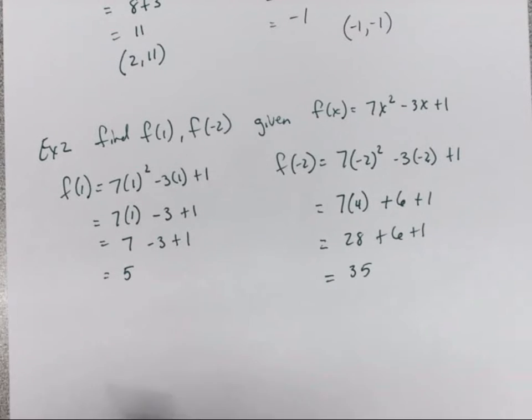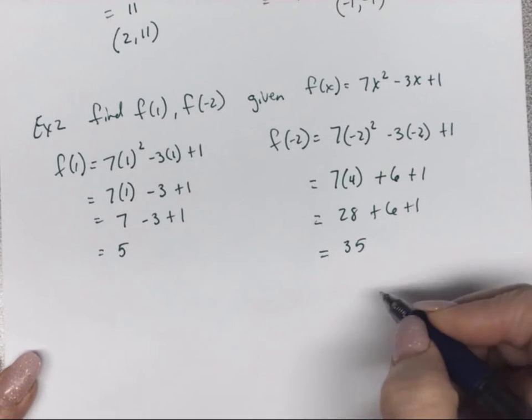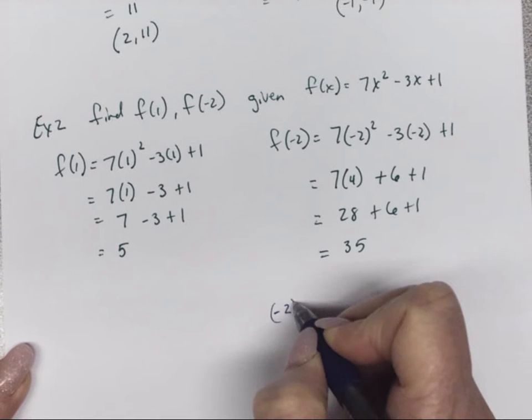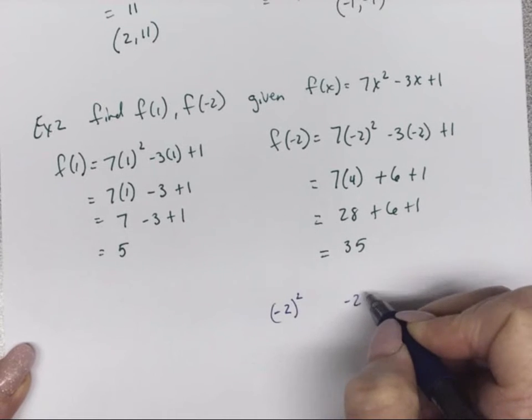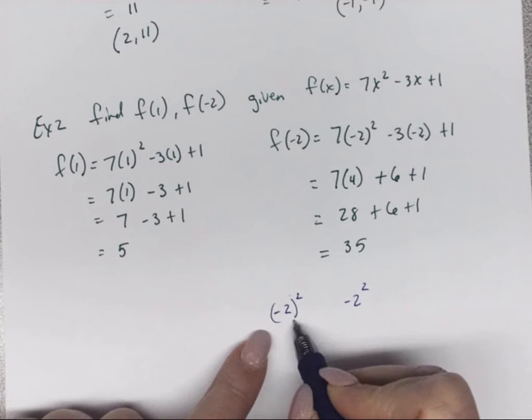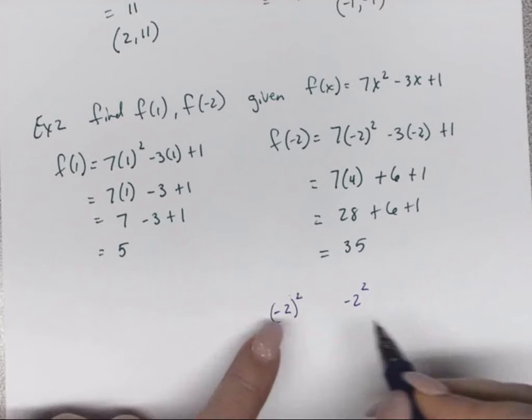Now, one thing I want to point out for you is that if we're looking at this negative 2, understand that there is a difference between negative 2 squared and negative 2 squared. This has the parentheses, so the whole thing is squared, so negative 2 times negative 2.